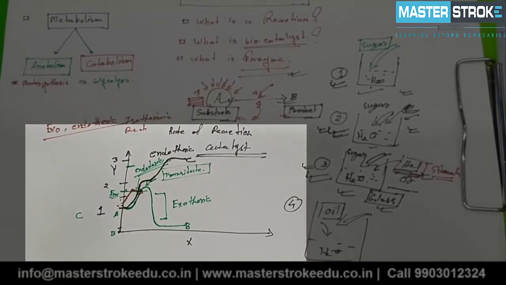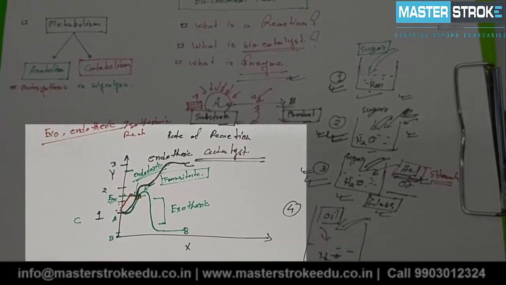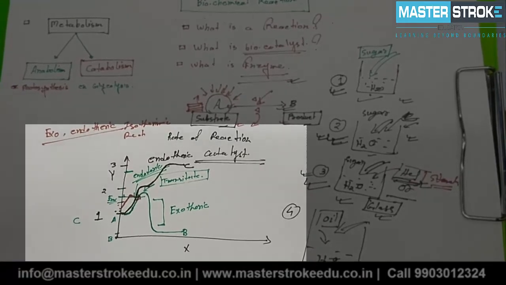Without the enzyme, the substrate can also overcome the transition state, but it requires time. But in the presence of the catalyst, biocatalyst or enzyme, the transition state of the substrate is easily reached. So this is all about the enzyme, biocatalyst and the reaction.